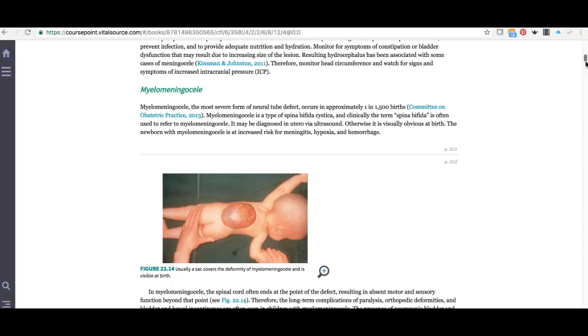So think about what you want to do. You want to keep it from getting infected pre-surgical, and they're repaired pretty quickly. You want to keep them from getting infected, so your diaper, you're going to make everything kind of flow away from that. So laying this baby on his belly is what you got to do.